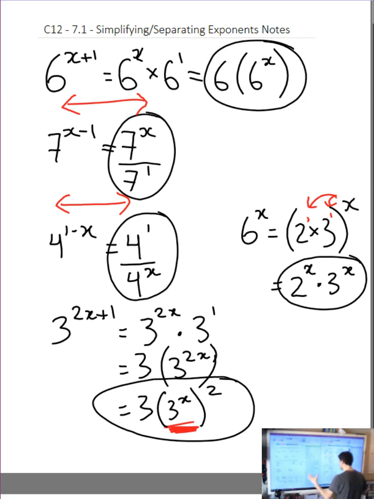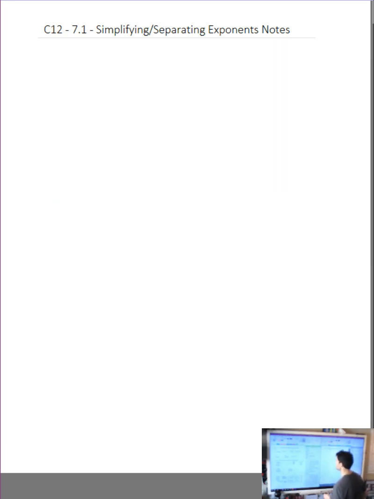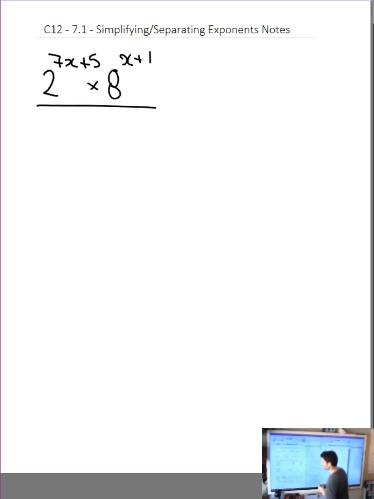Get to know all these basic rules, and then it's going to be a lot easier doing the more complicated problems. Now let's take a look at a little bit more complicated fraction. 2 to the 7x plus 5, then we have times 8 to the x plus 1 all over 4 to the x minus 2.